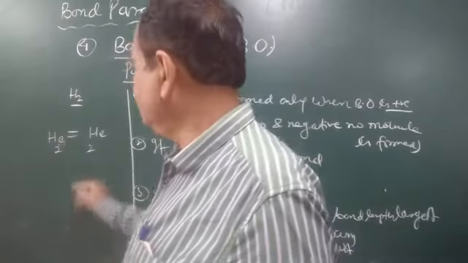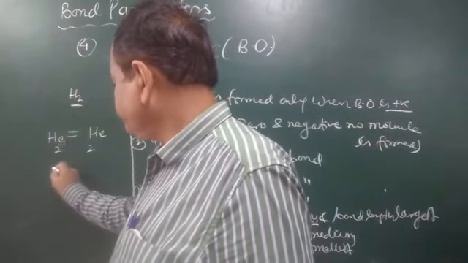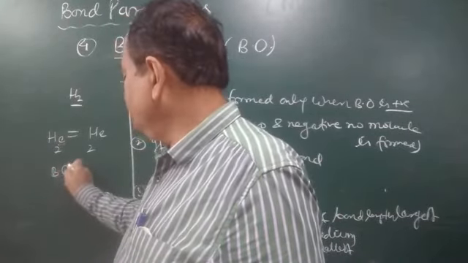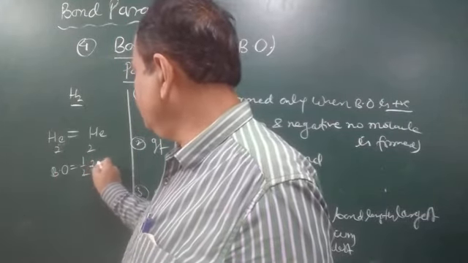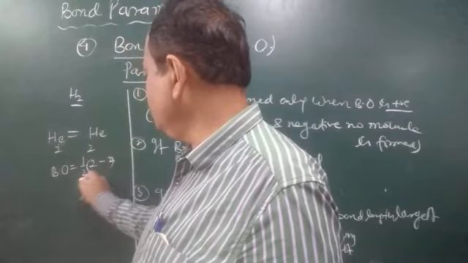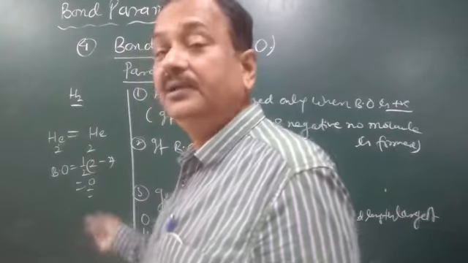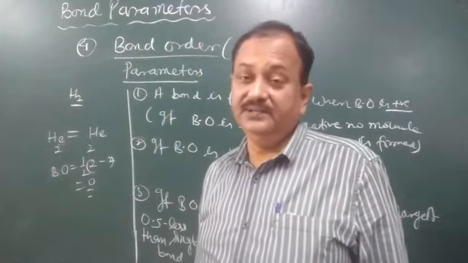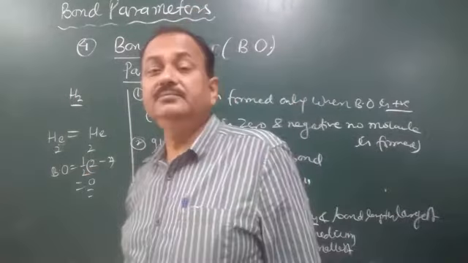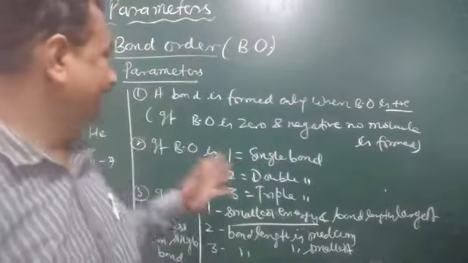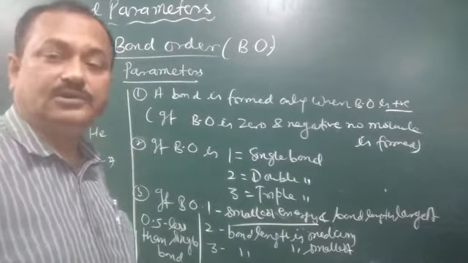Similarly here, bond order is equal to half of (NB minus NA), so it is 2 minus 2, so it will be 0. So the helium molecule is not formed. The helium molecule is not possible. This 0, we'll see later on about the exact point of the bond order.